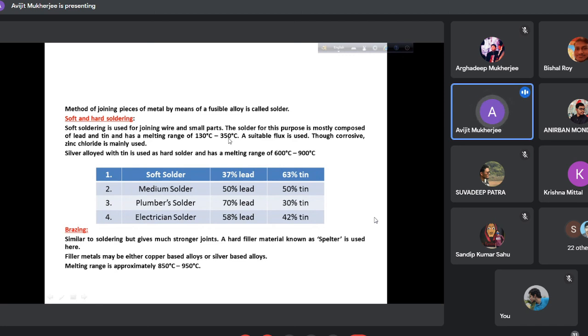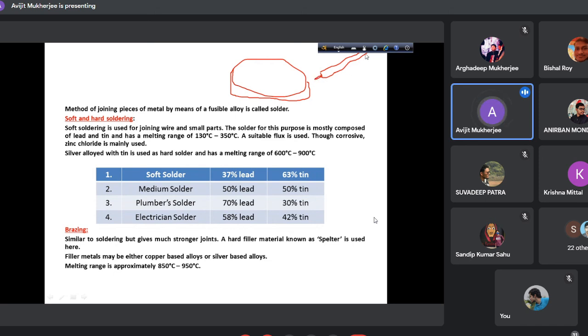After initial heating, the solder is melted by using that solder iron. You just remember, I don't know whether you are familiar with it, there is a small can or tin where the solder paste is. And this is the soldering iron, right?